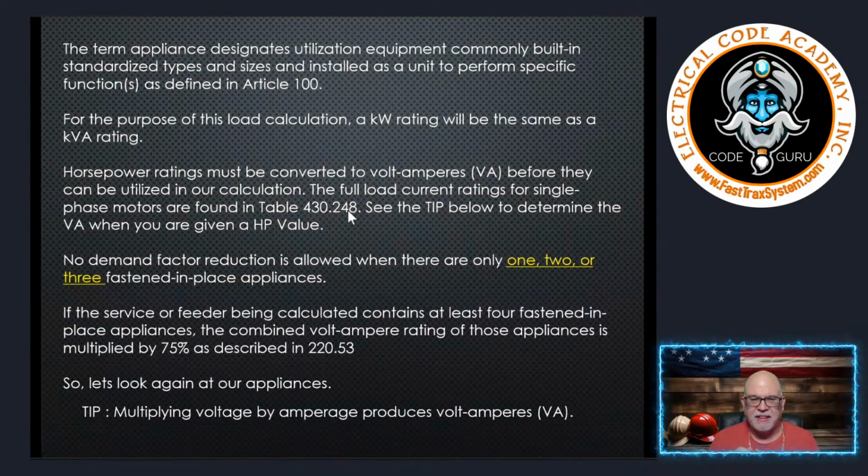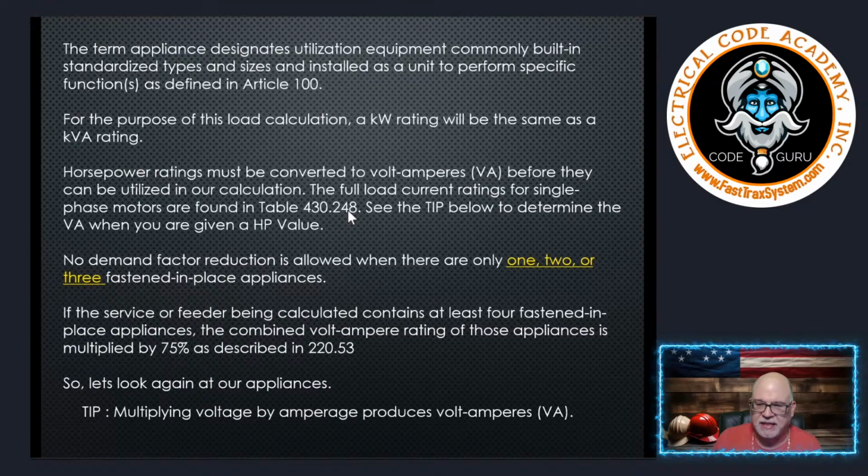So one of the things about these appliances is that it's utilization equipment that is fastened in place, okay? We're not talking about stuff that is not fastened in place. We're talking about things that are fastened in place. Dishwashers, okay? Typically, whether they're cord and plug or hardwired, have mounting screws underneath the front for anti-tip. You're going to put it in place. It is fixed in place. A garbage in-sink waste disposer gets connected, whether it's cord and plug or hardwired, to the plumbing system.